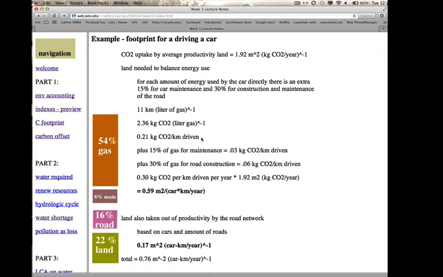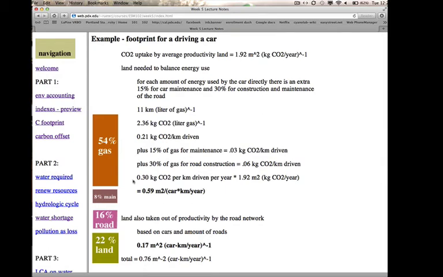Now, in addition to how much gas it takes to operate a car, it's about 15% of that for maintenance. So that's 0.03 kilograms. And another 30% of the gas costs for road construction, so about 0.6 kilograms. When you look at the overall carbon footprint, 54% comes from the gas, 8% of the total comes from maintenance, and 16% comes from building the road, grinding up the gravel, transporting it and making the asphalt.